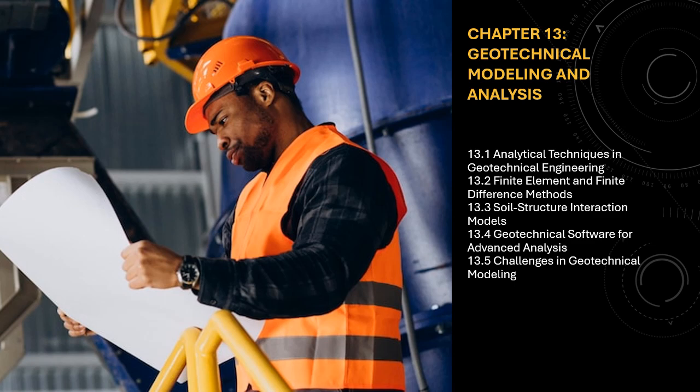1.3.3.1 Basic Principles of Soil Structure Interaction. The concept of SSI is based on the mutual influence between a structure and the underlying soil. This interaction can be viewed as a two-way coupling where the structure affects the soil by applying loads, e.g., weight, seismic forces, and inducing deformations.